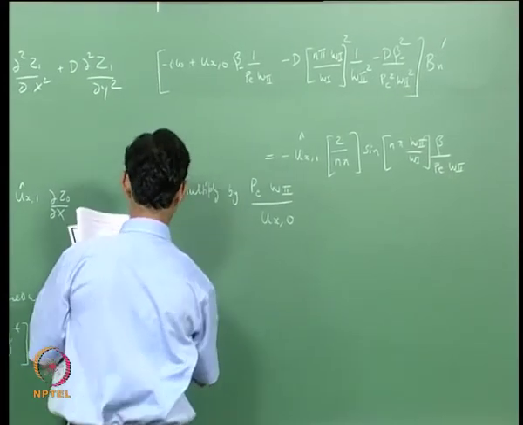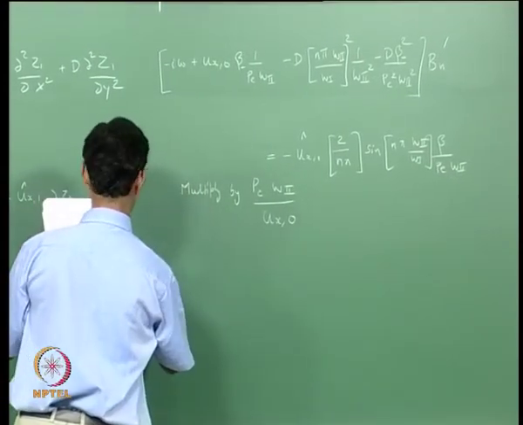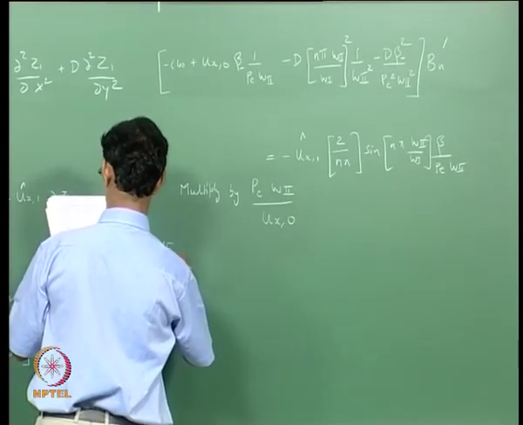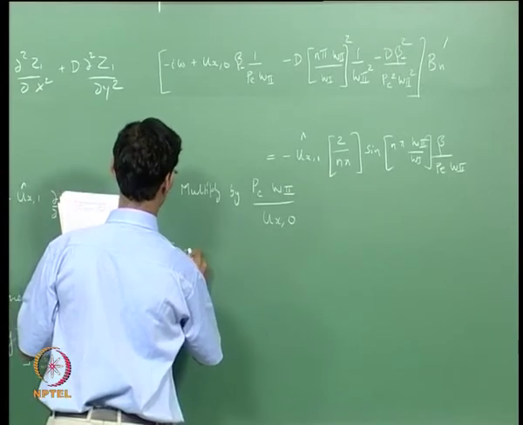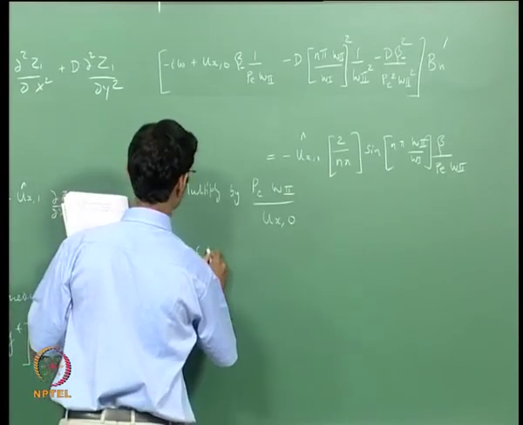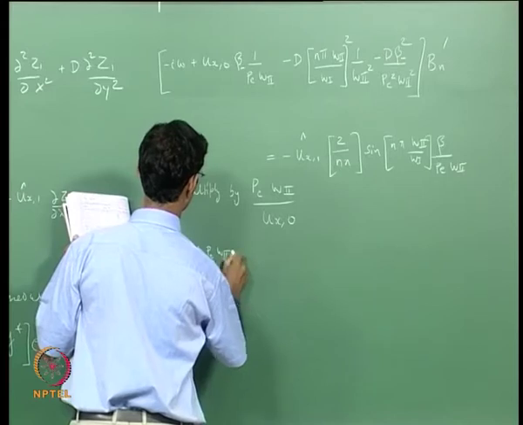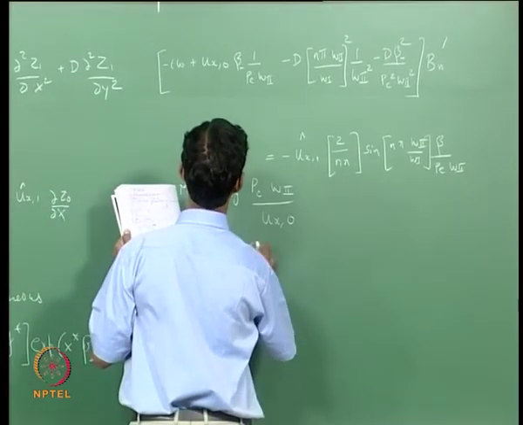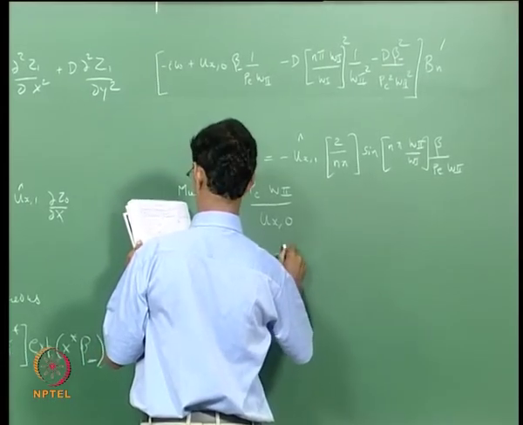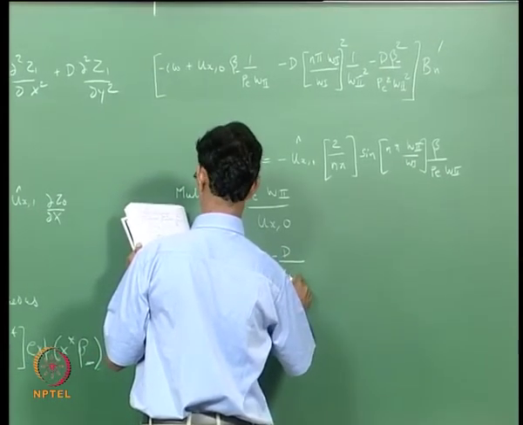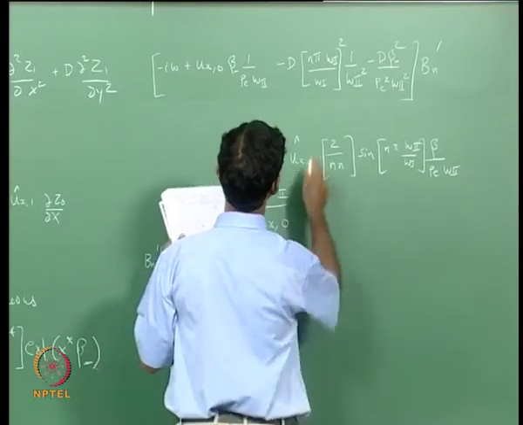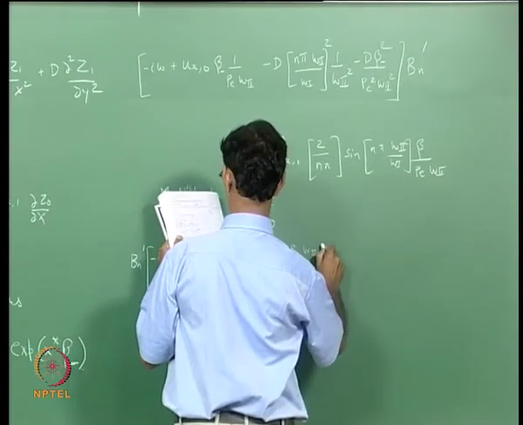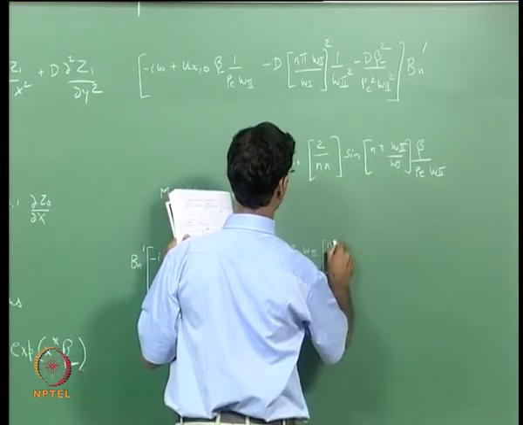So you will get omega, which is 2 pi f, Pe W2 over Ux naught, plus beta minus d over Ux naught Pe W2 into n pi.